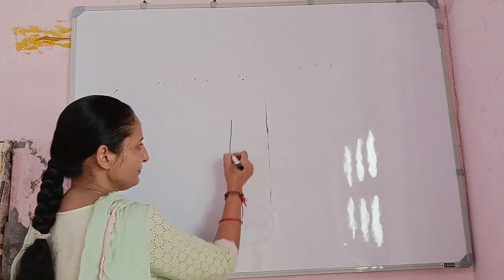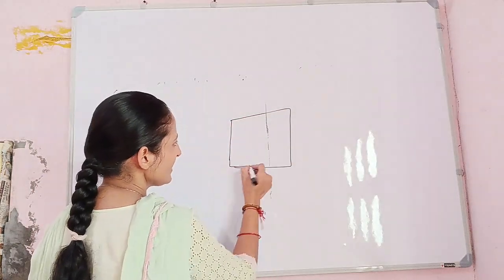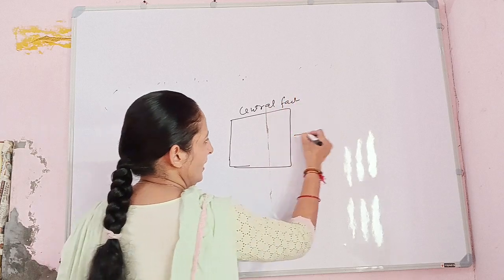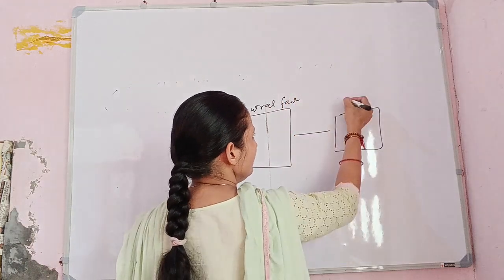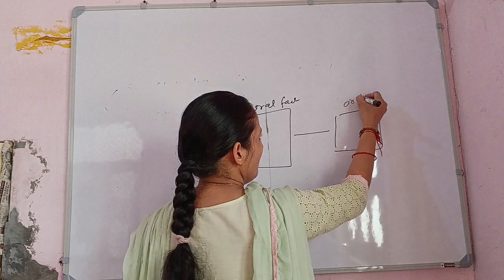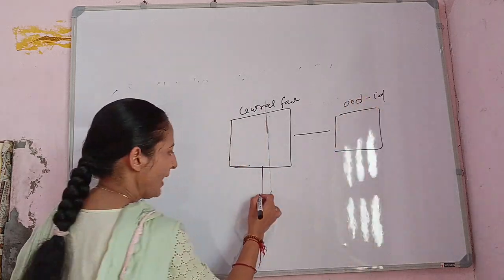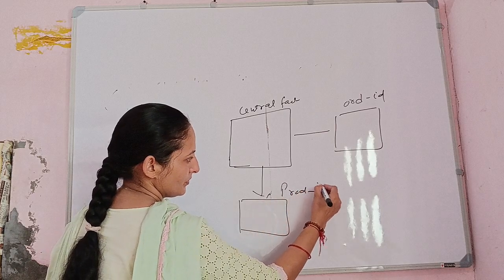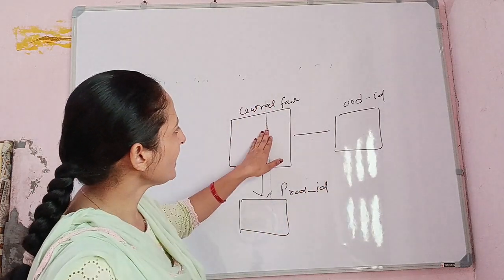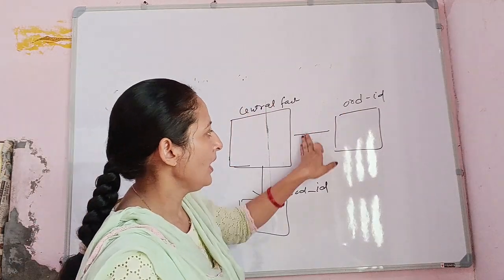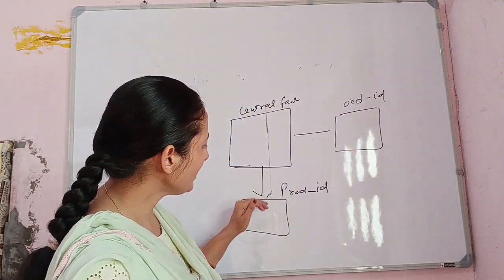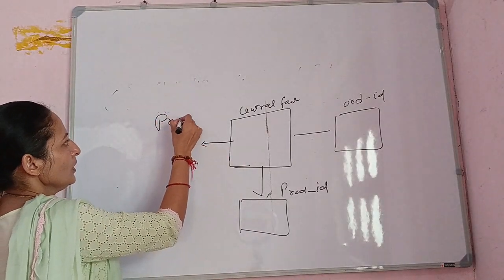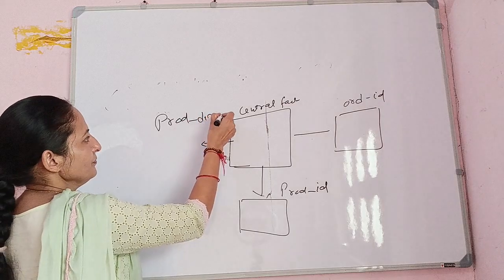See, if this is a central fact table, and it is connected with multiple tables. The central table is the central fact, another table has order ID, another has product ID, another is the product dimension.